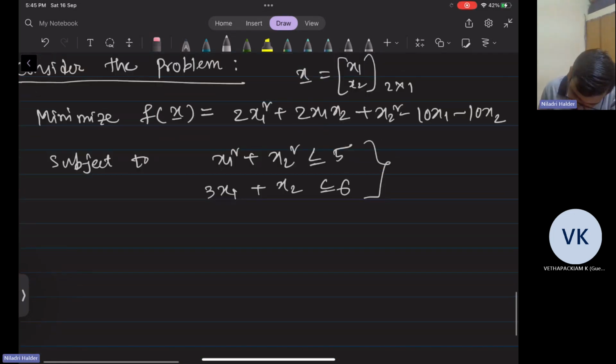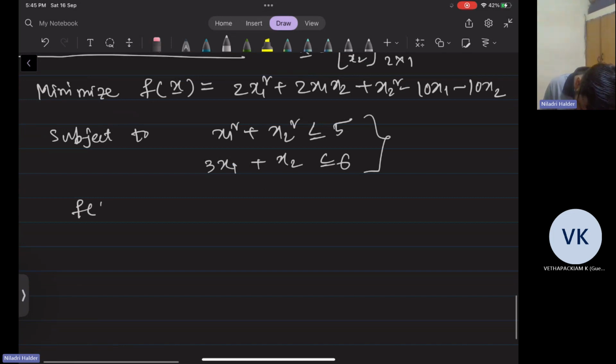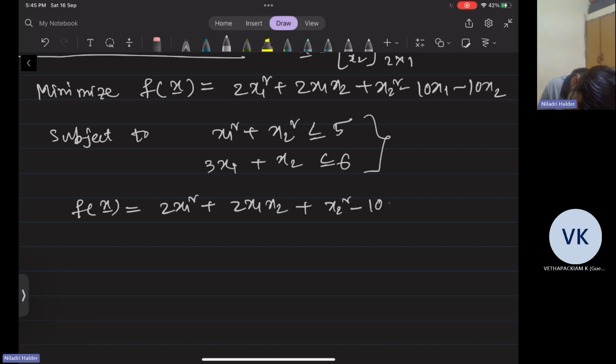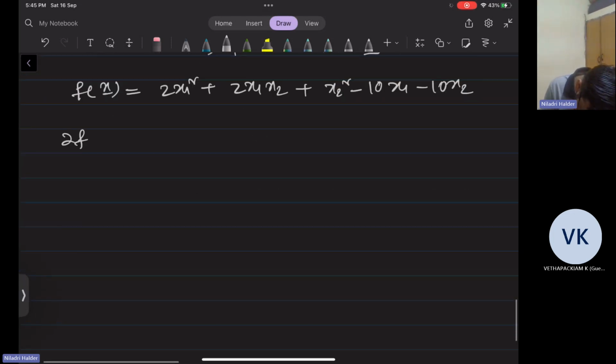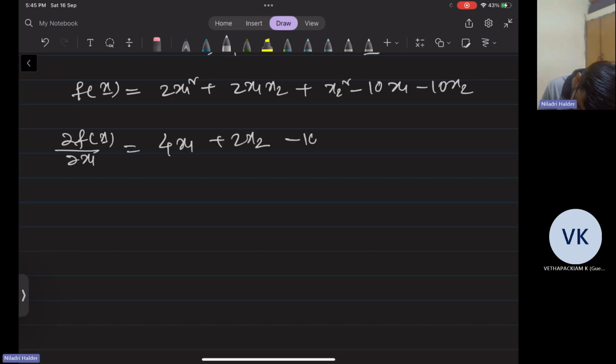Now let us write down this. What is f(x)? This is the objective function: f(x) is equal to 2x1 square plus 2x1 x2 plus x2 square minus 10x1 minus 10x2. Now find the gradient. The partial derivative of f with respect to x1 is 4x1 plus 2x2 minus 10.